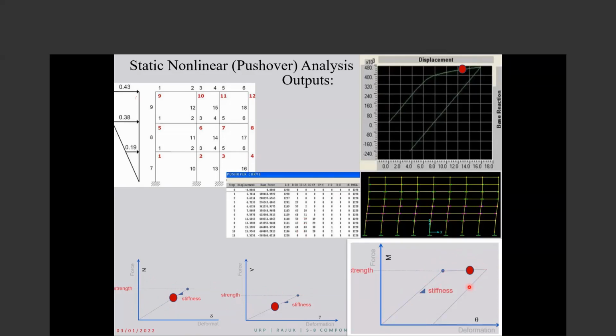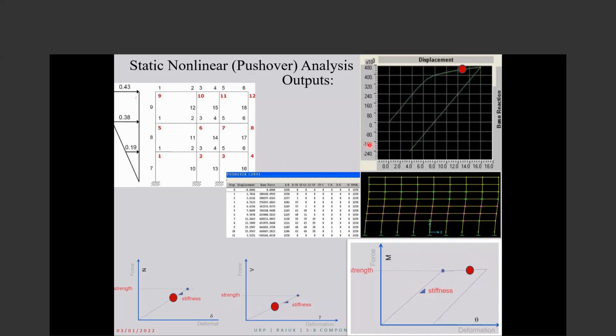Other than that, no problem. And for the deformation control, again, this part is given by the code for existing buildings. So we model the building in software that is capable of nonlinear analysis. Either the software already has these requirements built inside, or we give the properties of the elements to the software.